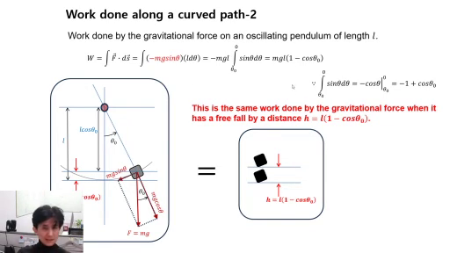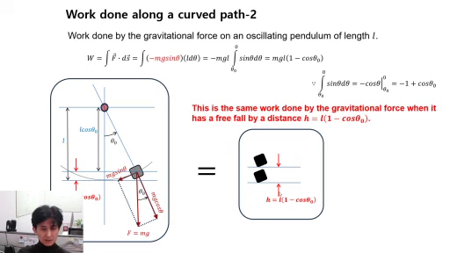So in this case as well, regardless of this moving path, as long as the height difference is given by h, the work done by the gravitational force is just mg times h, which is mgL times 1 minus cosine theta 0.